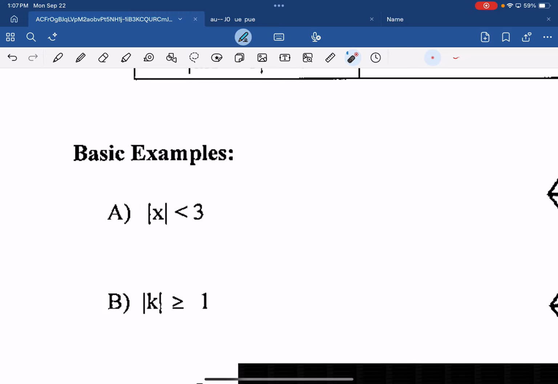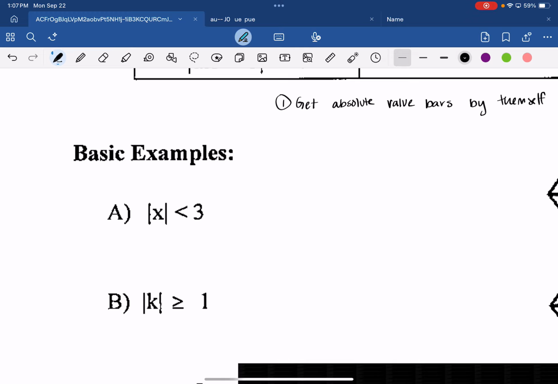Look at A. All right, so my absolute value bars are by themselves. That's going to be our first step. Get absolute value bars by themselves.